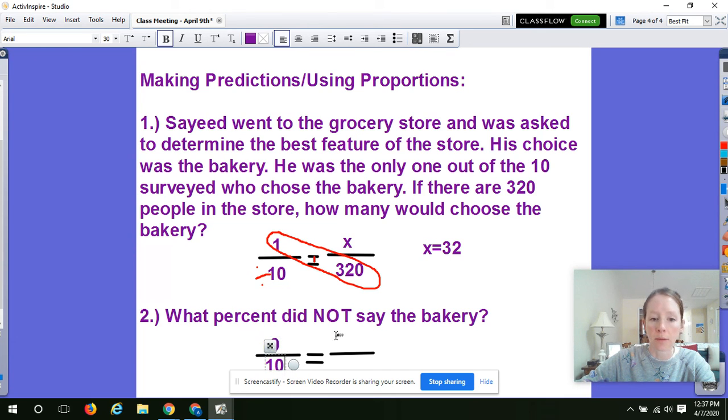They said something else. So to make a percent proportion, remember we do x over 100 and cross multiply. So this would be 90%.